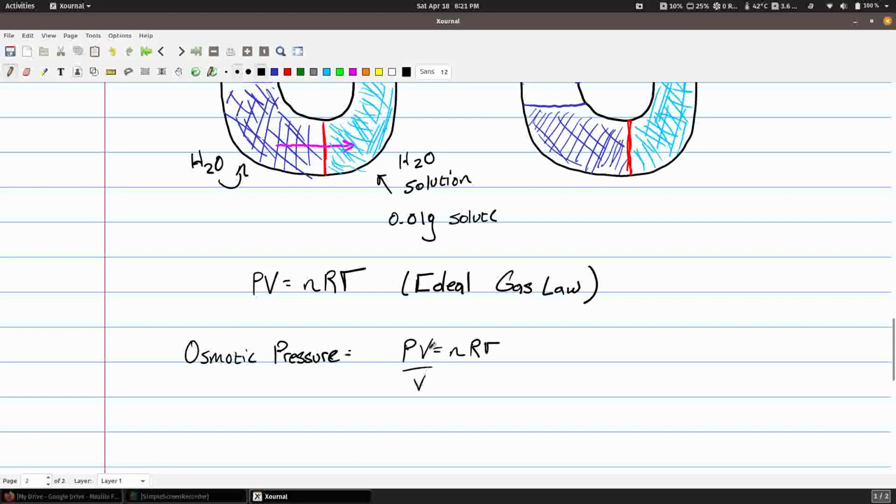You would divide the volume out, right? So I'm showing you how it's derived. This isn't the actual formula. So then you have P equals nRT over V.